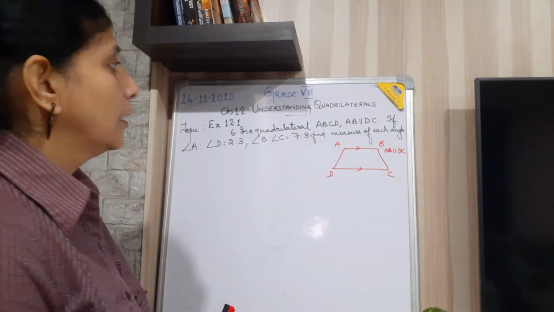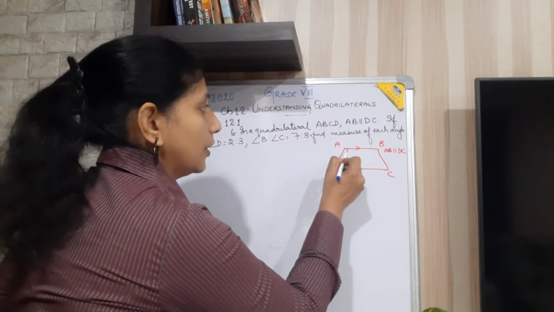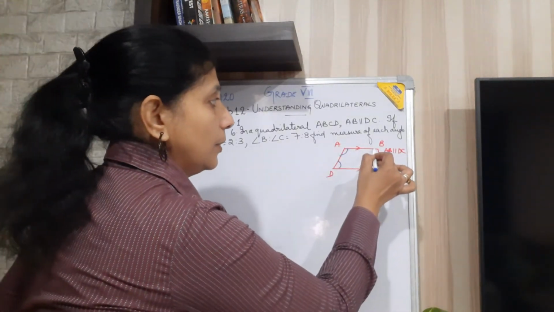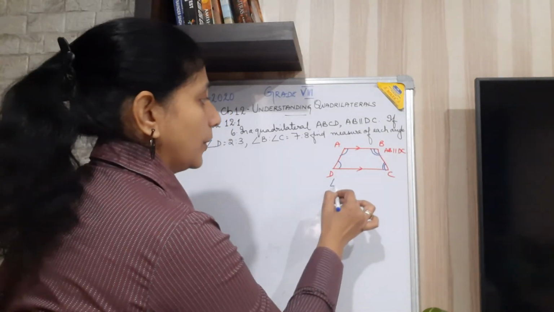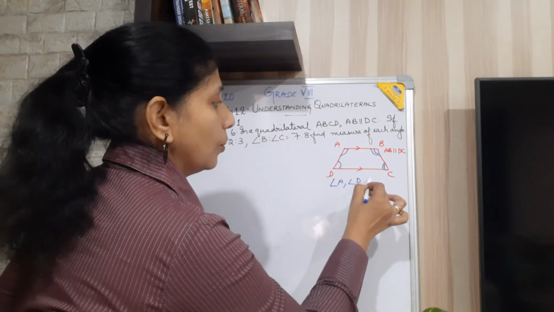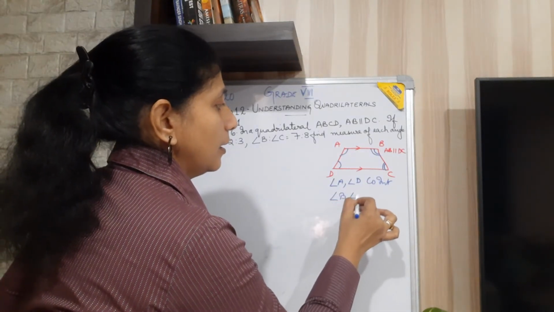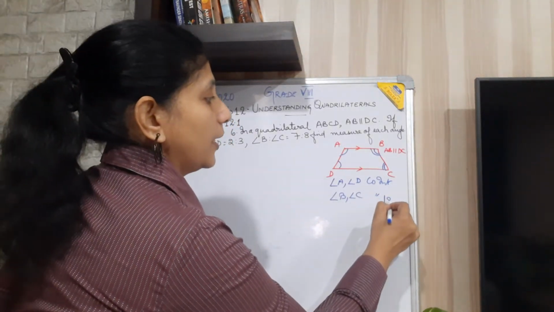It is two parallel lines cut by a transversal. So A and D, what are they? They are co-interior angles. And here also B and C are co-interior angles. Co-interior angles, their sum is 180.